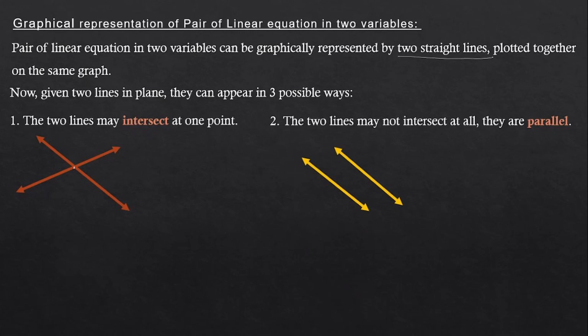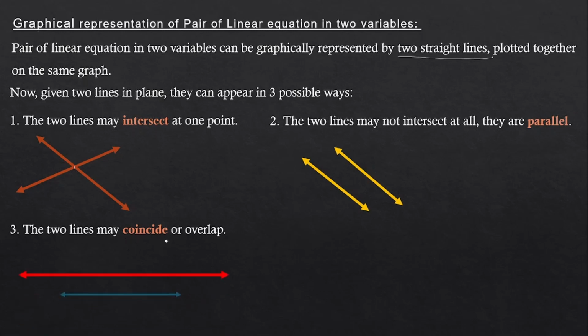And the third possible way is where the two lines lie over each other. They coincide or they overlap. In the textbook, the word is coincide. So you can have one line and the other line also is exactly on top of the second line. So these are the three possible conditions which we can have if we have two lines on a two-dimensional plane.